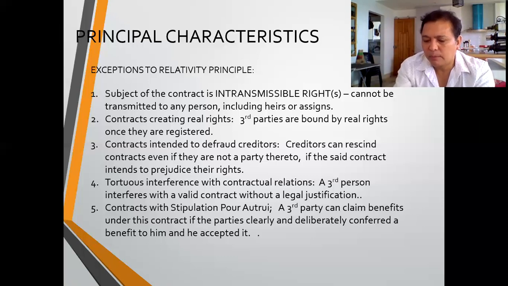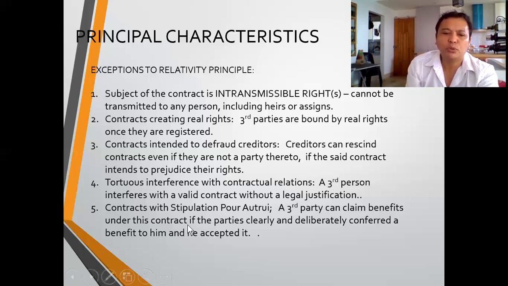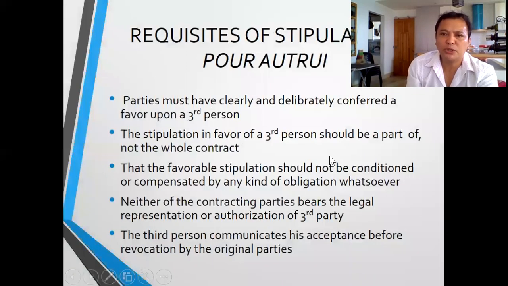So, for instance, I will sell my land to Mr. X, and we agreed that 50% of the payment should be given to my son, who is in the U.S. And he agreed to pay 50% of the amount to my son. And then my son should accept it. So that is stipulation pour autrui. Now there are requisites for stipulation pour autrui, and these are the following.